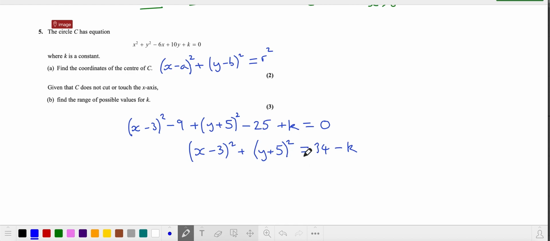Once we've got it in that form, we know that a and b are the x and y ordinates of our centre. So the centre is (3, minus 5).